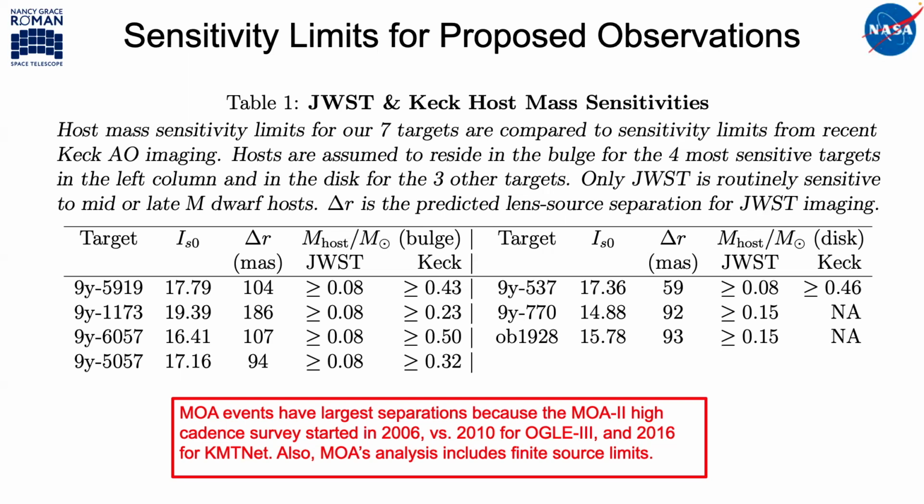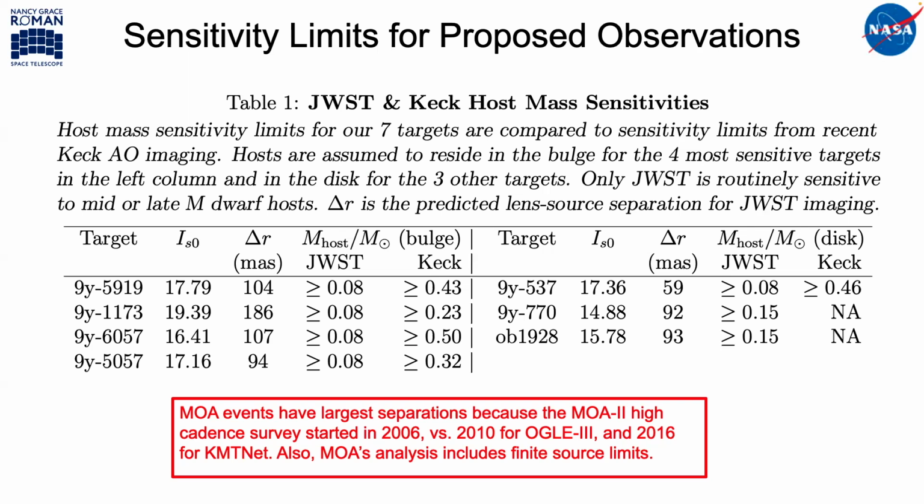The reason for that is, as mentioned a little bit earlier, that the MOA high cadence survey started in 2006, and the OGLE 4 survey didn't start until 2010. So there are wider separations for the free-floating planet candidates found by MOA.